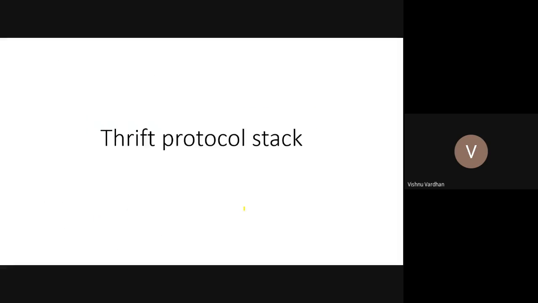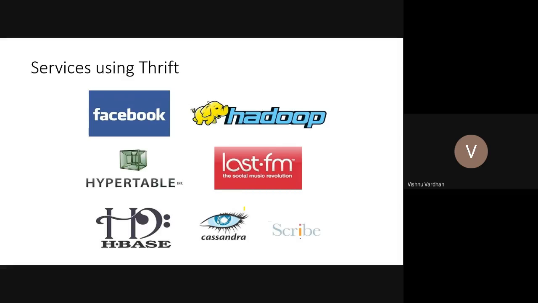So now we will see the last slide of today's session. Services using Thrift. First of all, it is used by Facebook, and if you know big data and other concepts, Hypertable, Hadoop, HBase, all these are popular in the current industry, and they are heavily using the Thrift services, and Last.fm, Cassandra, Scribe.